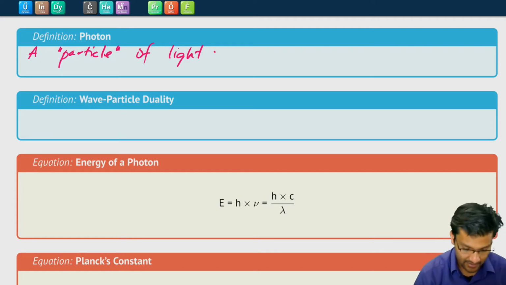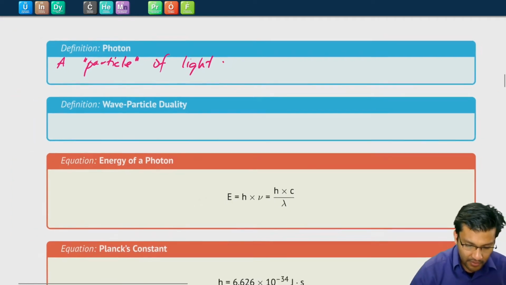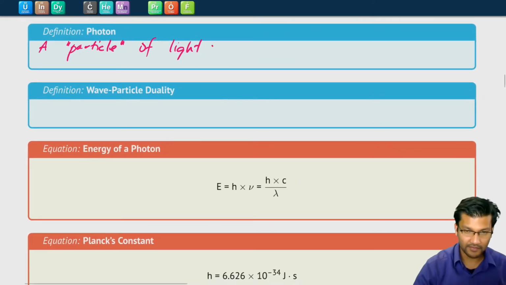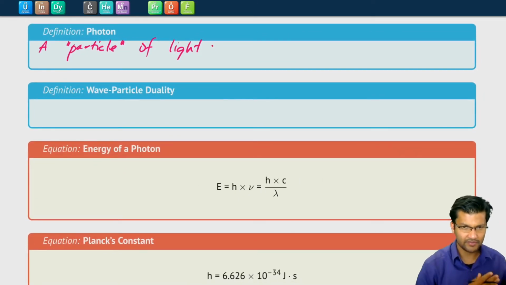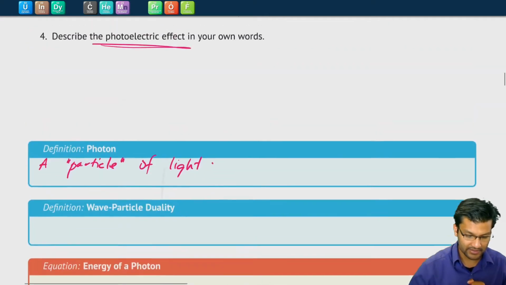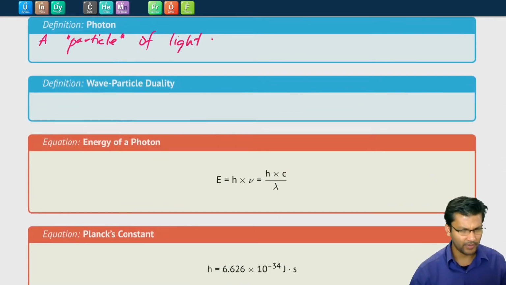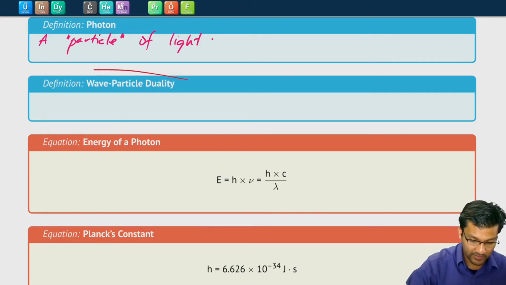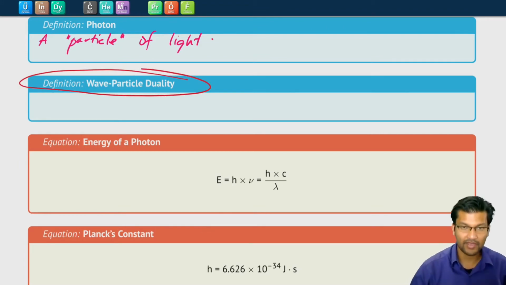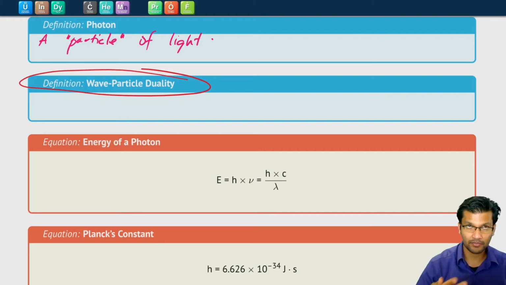Okay, so what this means, based off of all of these observations, like we saw in the previous video, and now what we've read about these effects, is light can be treated as both a wave and a particle. This is what we mean when we say light has a wave-particle duality. Light can be treated as a wave, it can be treated as a particle, it exhibits properties of both.